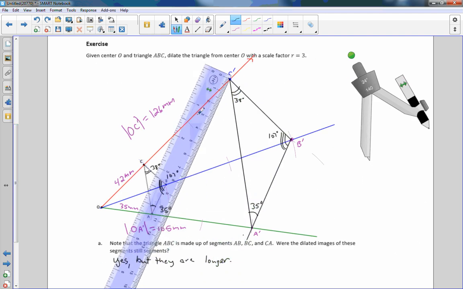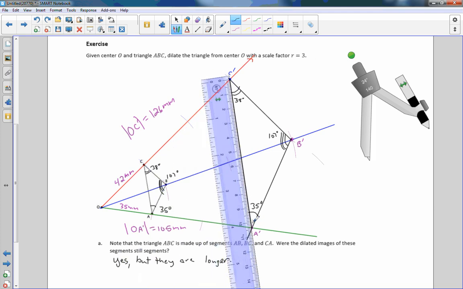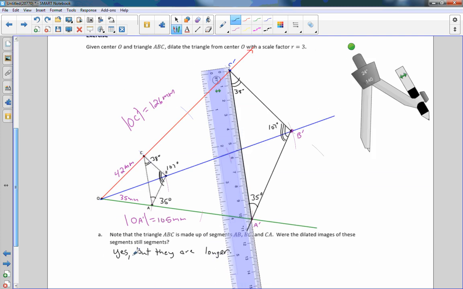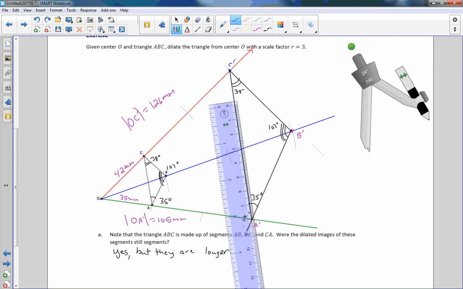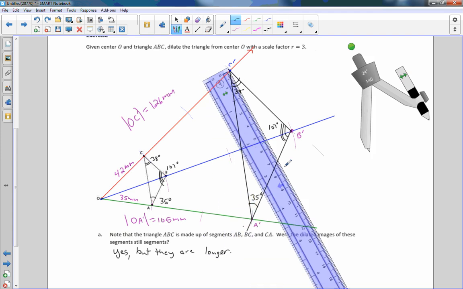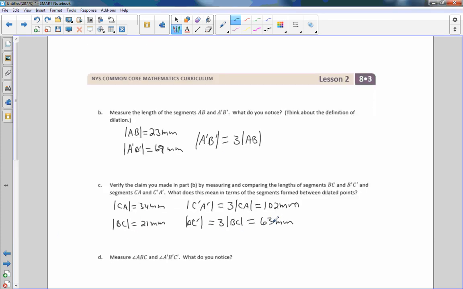So if I put this here and rotate this over, I'm at 104, and we said 102. So I'm close. I'm off by a little bit with my calculation. Okay, but it is supposed to be 3 times. Now if I measure CB, I'm at 60, 61, somewhere around there, and I was approximating 63.